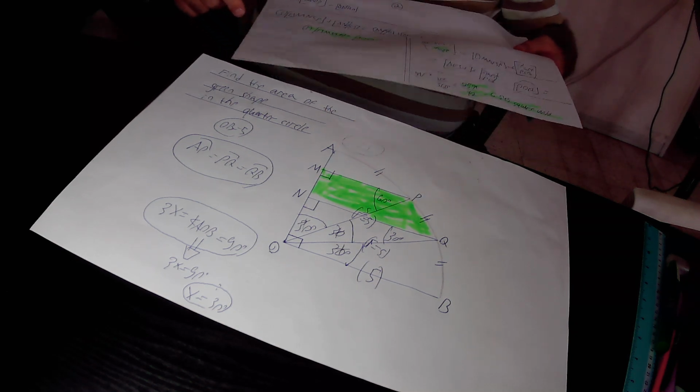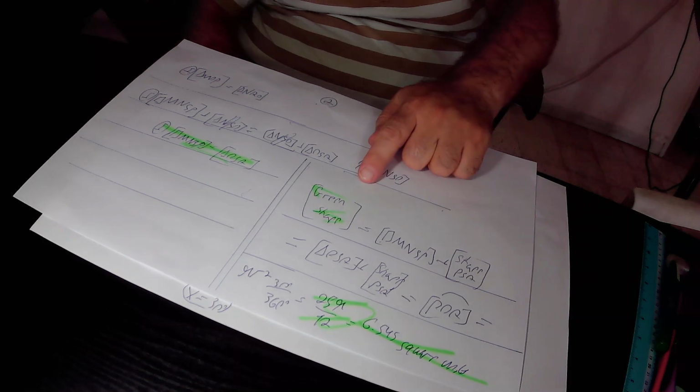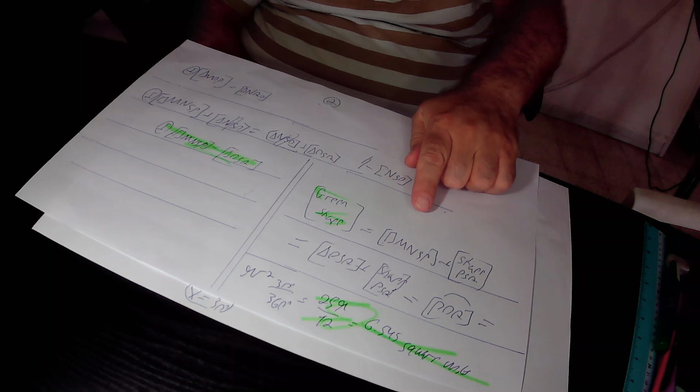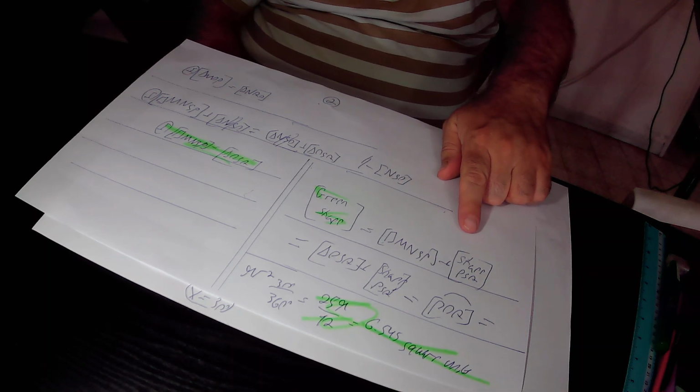Again, from the diagram it is very easy to see that the area of the green shape in total equals the area of quadrangle MNSP plus the area of the small shape PSQ.